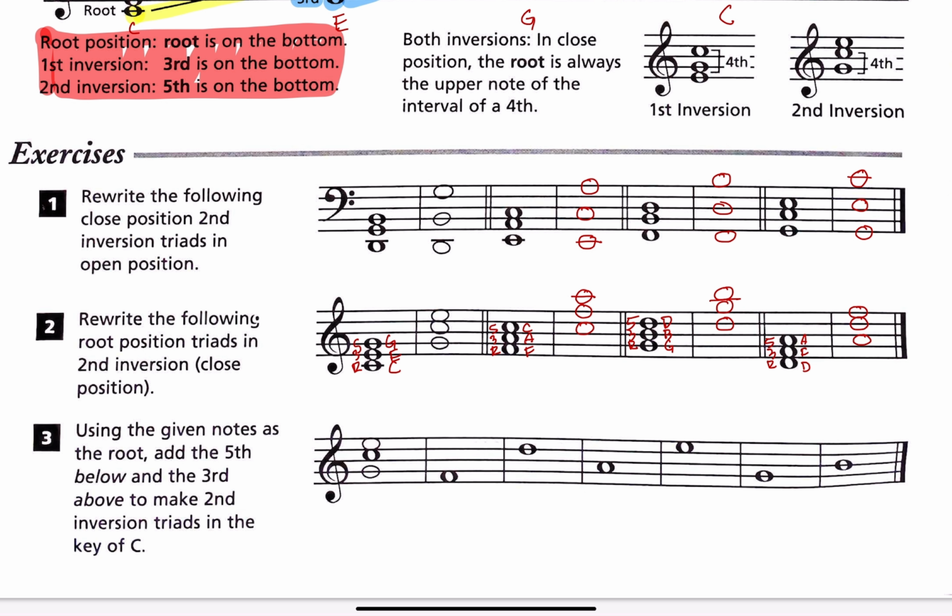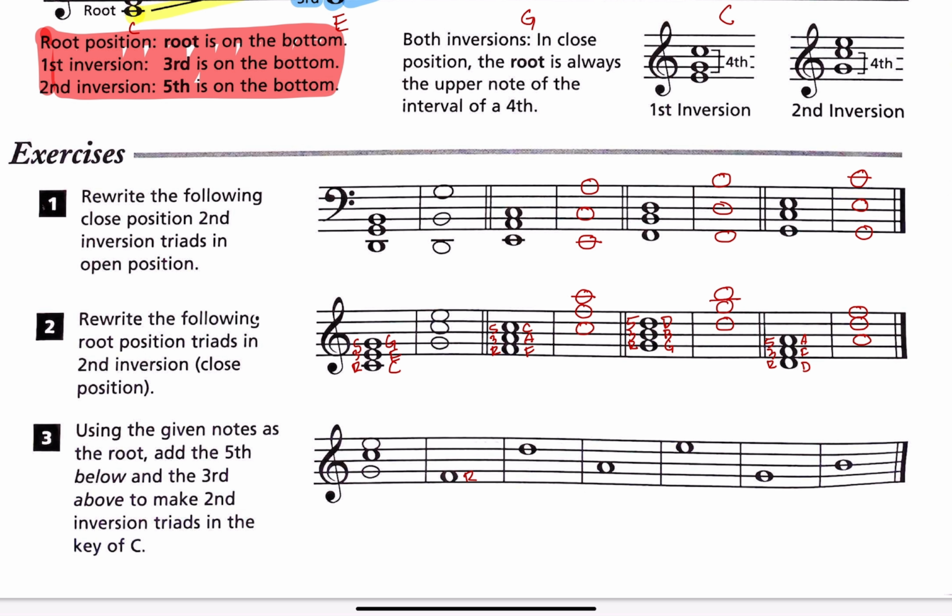Okay, last exercise. The given note, the note that they've given us, is the root of the chord. Not the bottom note, the root of the chord. Add the fifth of the chord below and the third of the chord above to make second inversion triads. So, the note that it has given us is the root.